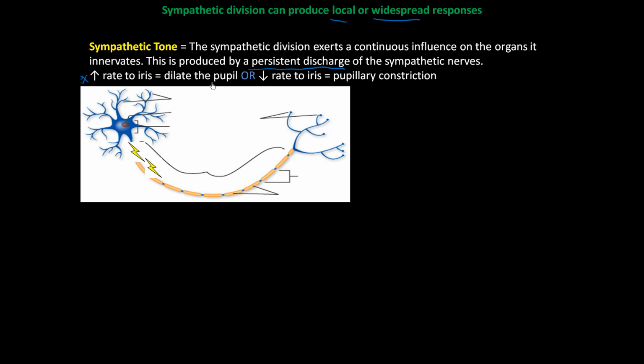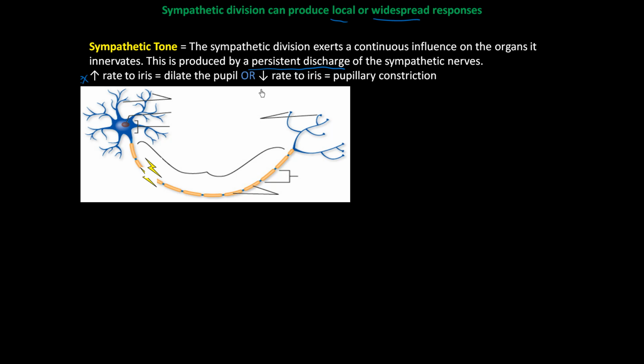In the case of fight or flight, I want to get as much information through my eye as possible, so I'm going to have a dilatation of the pupil so I can see exactly what's going on. So you increase your rate to the iris, and that causes dilatation of the pupil.